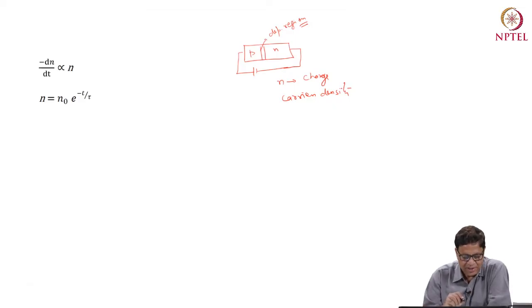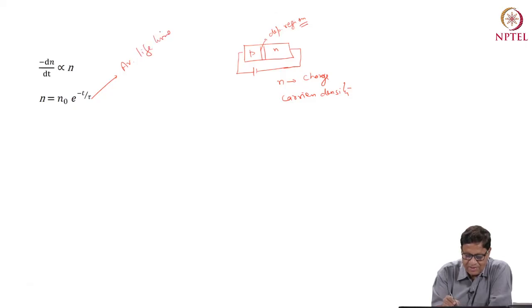So minus dN/dt is proportional to N. This is what is happening inside the LED. If I solve this, N is equal to N0 e raised to minus t by tau, where tau is the average lifetime of carrier recombination.